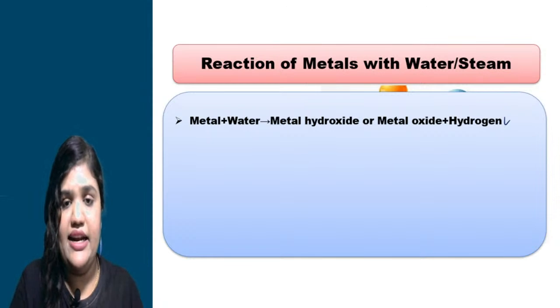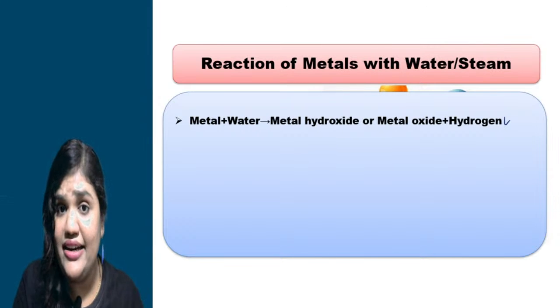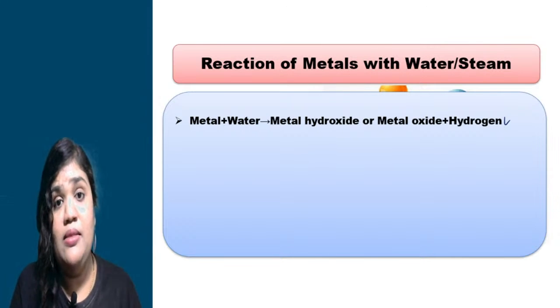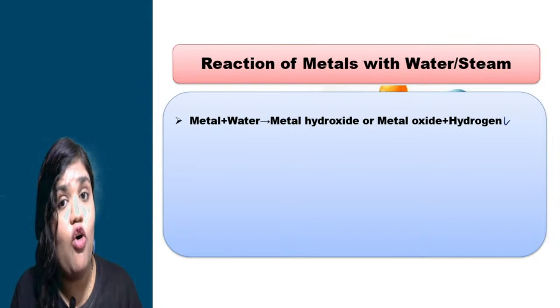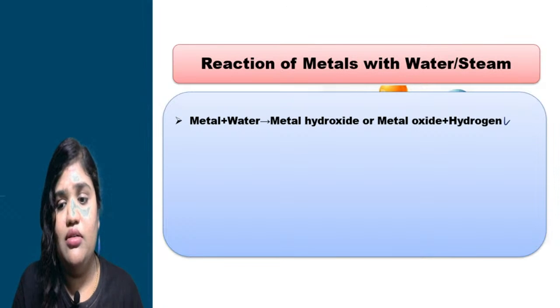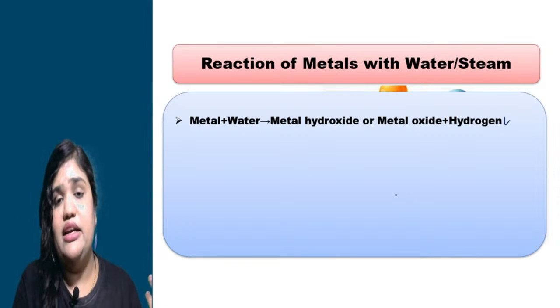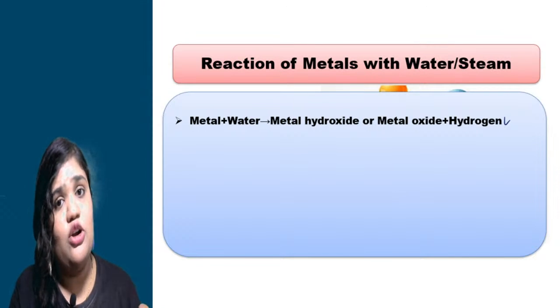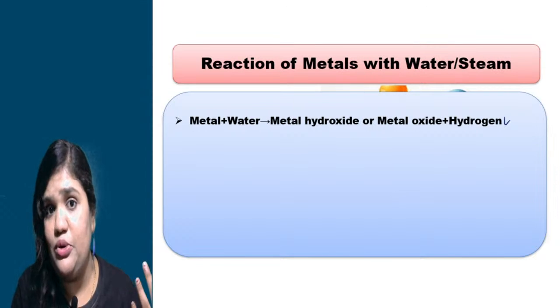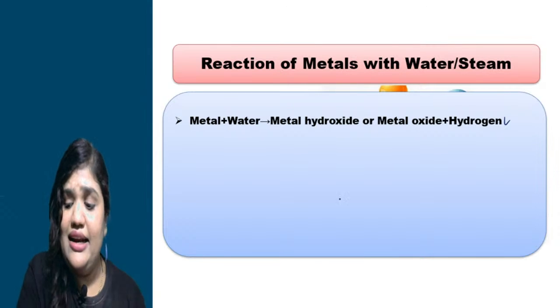When a metal reacts with water, there is a formation of metal hydroxide. When a metal reacts with steam, which is the gaseous form of water, there is a formation of metal oxide. Along with that, hydrogen is the byproduct in this reaction. Okay, let's take one example.